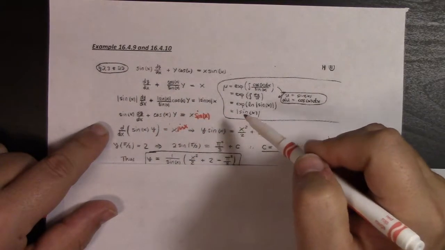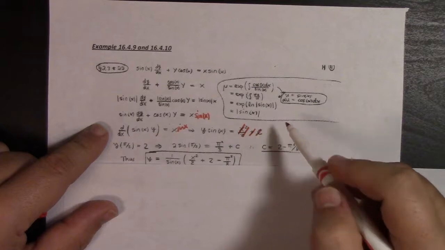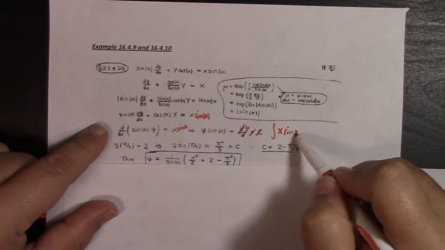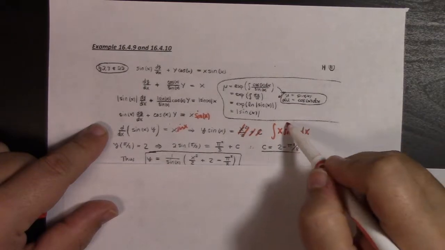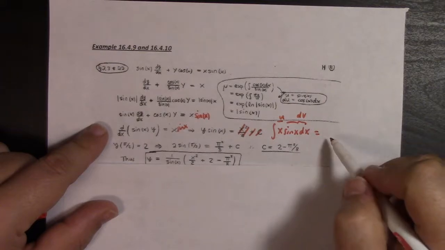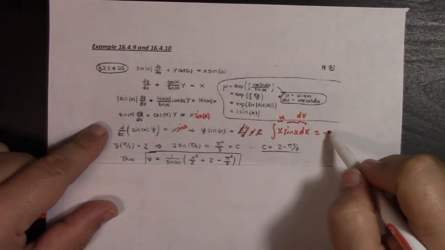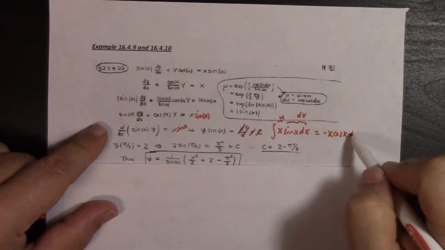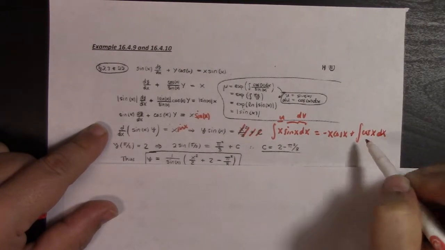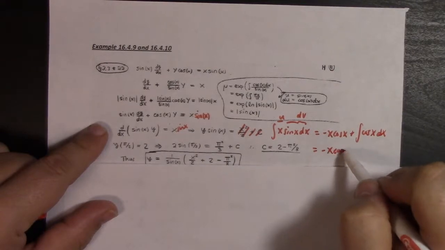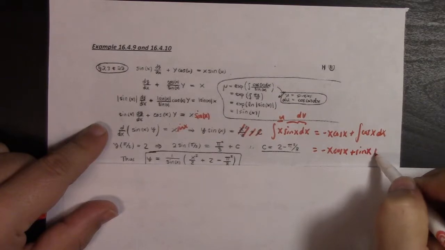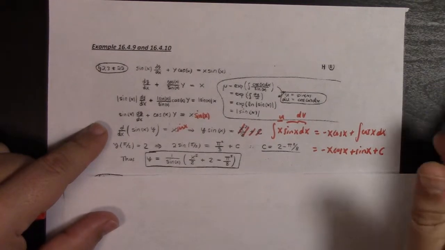y sine of x equal to, not that, no, the integral of x sine x dx, which of course we have to make a dv and u, so we get minus x cosine of x plus the integral of cosine x dx, which is equal to minus x cosine of x plus sine of x plus a constant.